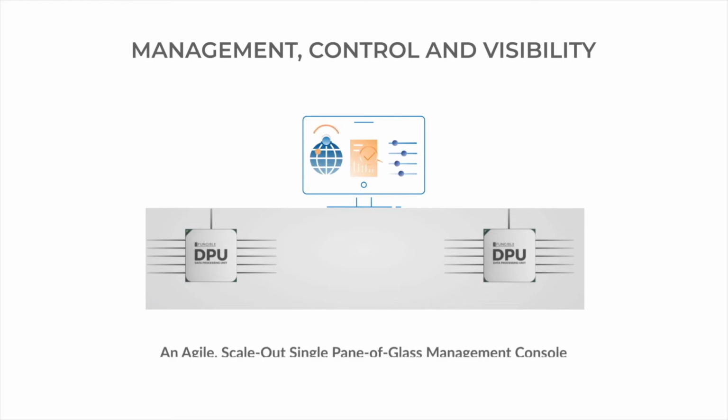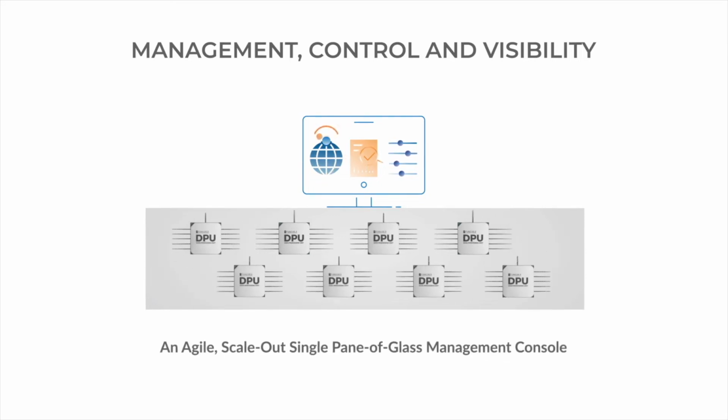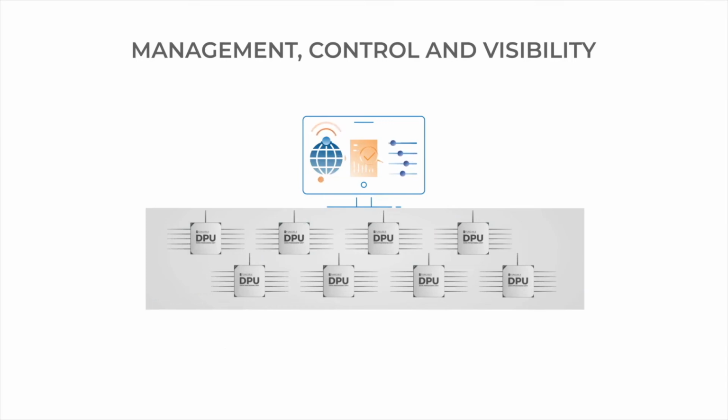The cluster services offer an agile, scale-out, single pane of glass management console responsible for managing storage services such as adding and removing nodes, setting volume attributes and quality of service, enabling features such as snapshots and clones; network services such as network and port configuration, LACP configuration, and IP address management; system services such as telemetry and health monitoring; security services such as authentication, authorization, and auditing; support services such as call home and remote assist.